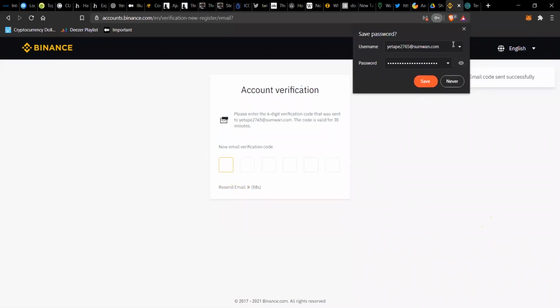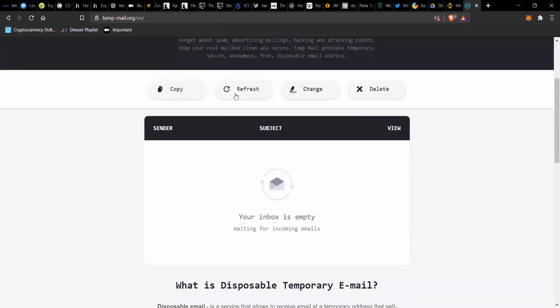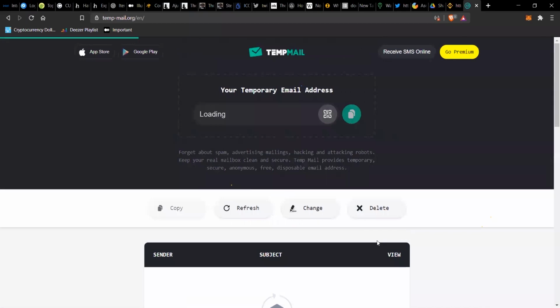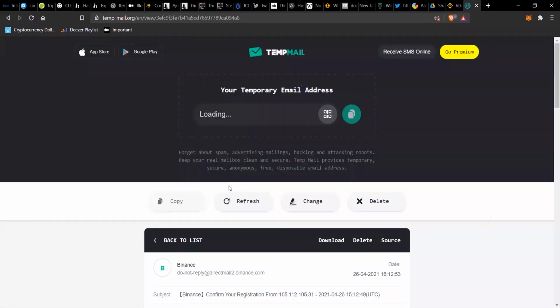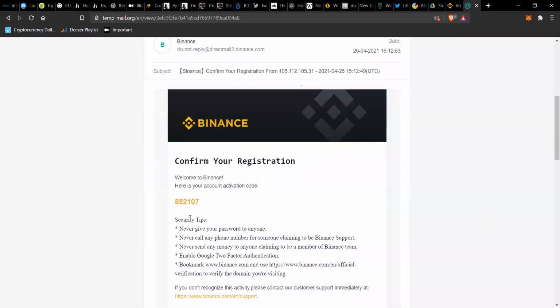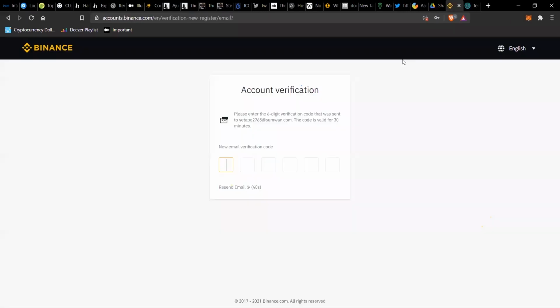And I'm done. So now once you do that, they'll send a verification code to your email. So you go back to your mailbox and refresh to check that you have received the verification code that they'll send to you. Once you get that verification code, you can just write it down.